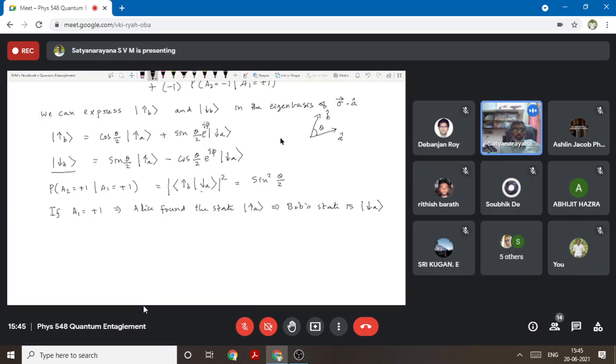Next we will calculate the probability that A2 is equal to -1 given A1 is equal to -1. If you have understood how I have written this, what should I write here?